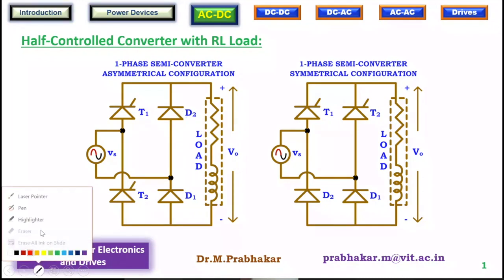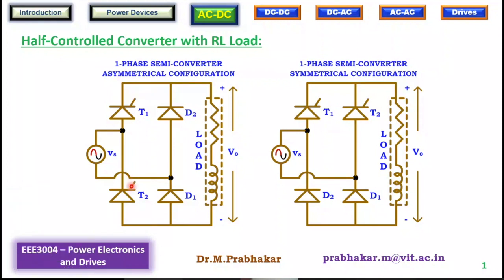So that is one way of viewing the circuit. The vertical section is called a leg, and the horizontal section is called a section. So you will have SCRs put up in one leg and diodes in another leg. This is called an asymmetrical configuration. Whereas you can have the SCRs in one section and diodes in another section. This is called a symmetrical configuration.